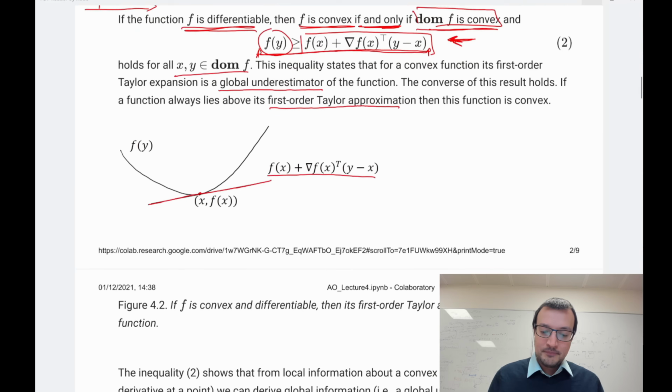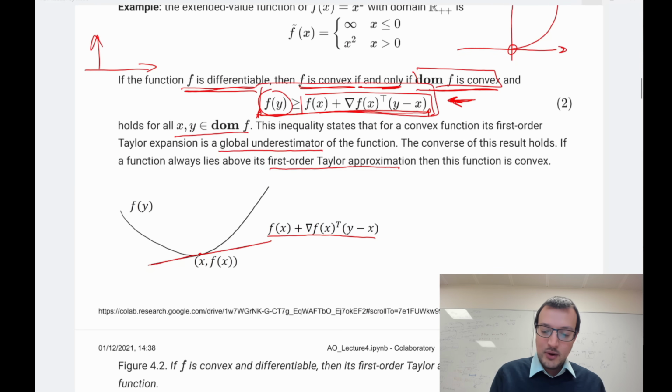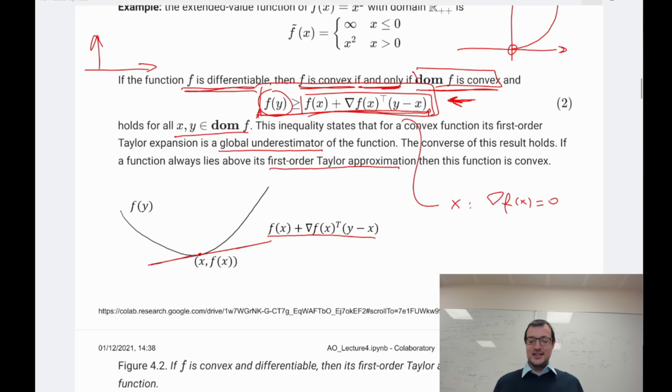If we take this inequality and find a point x such that the gradient of f at x is 0, so essentially it's a turning point, we see that we end up with f of y greater or equal than f of x, and this is true for all y in the domain, because the function is convex.